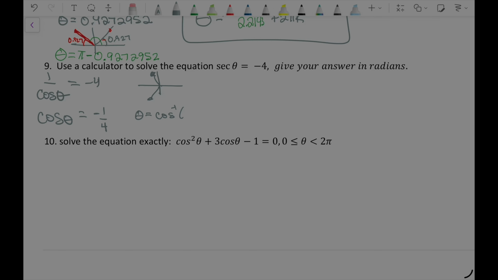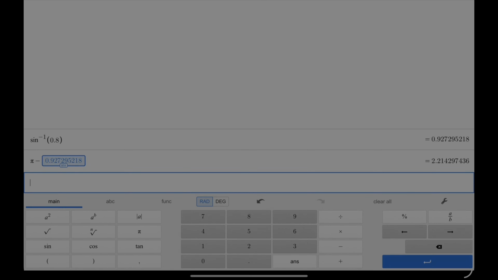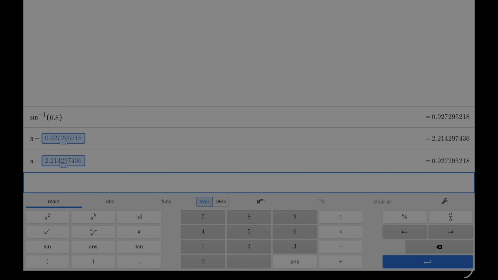Inverse cosine of -1/4. Oh, let's just clear off.